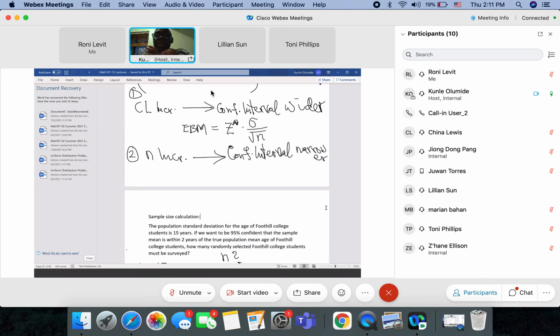If we want to be 95% confident that the sample mean is within 2 years of the true population mean. Stop right there. Does it jump out to you what they gave us?